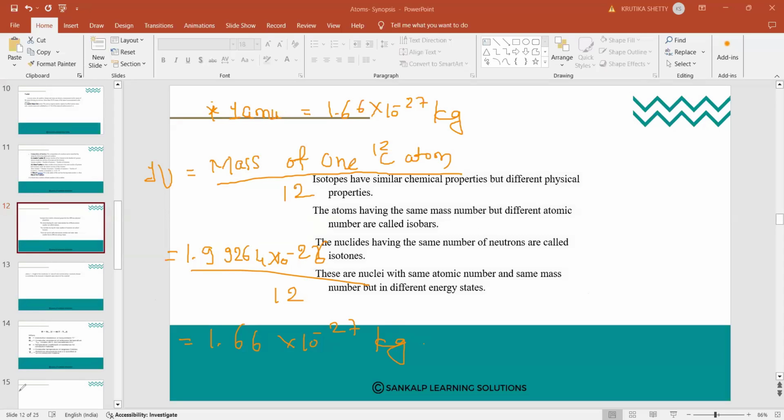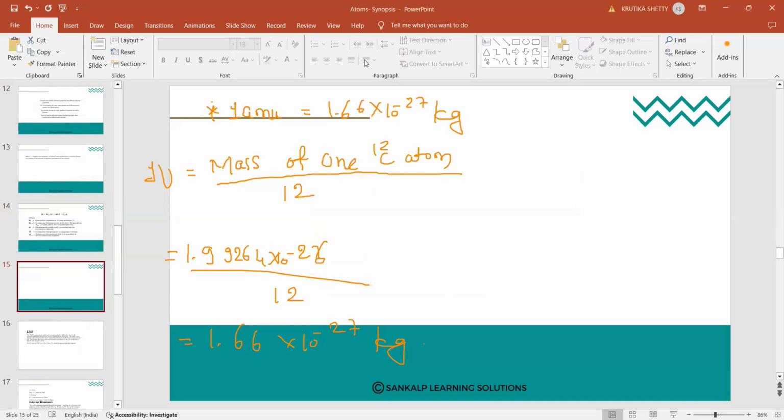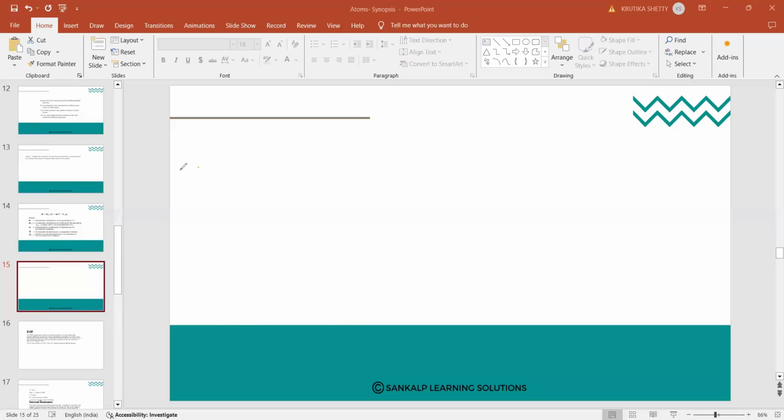Now we are proving one more point, that 1 atomic mass unit, 1 U, is equal to 931 mega electron volt.